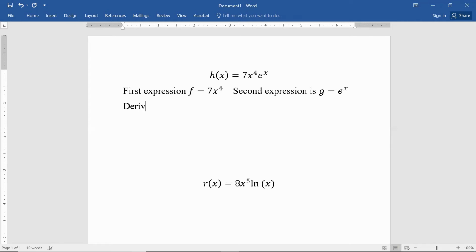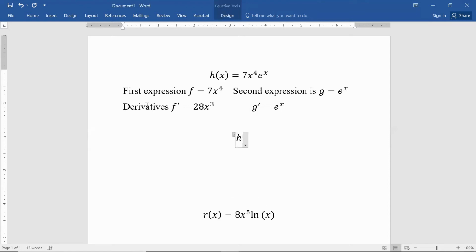Now, when we have that, we can look at derivatives. So f prime will be equal to 28x to the third, and g prime is equal to e to the x.